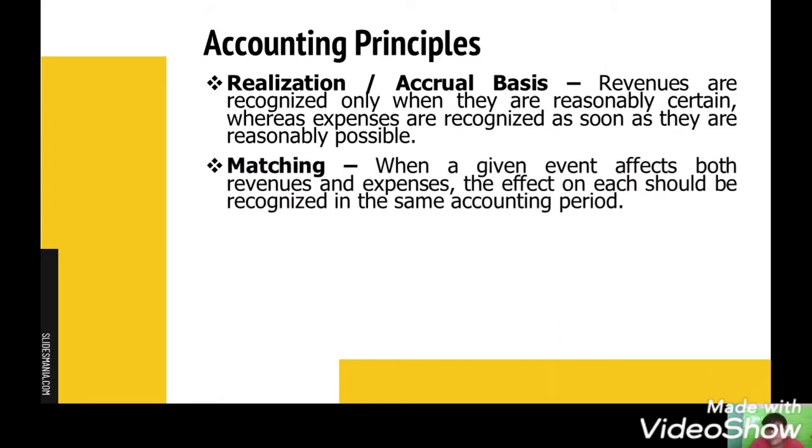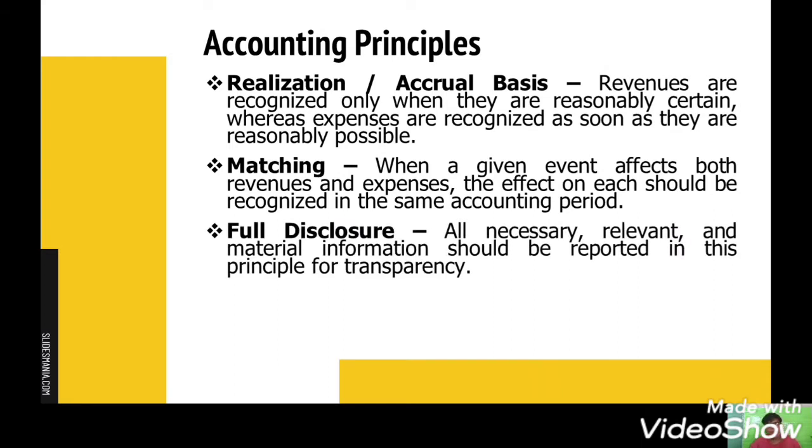Matching. When a given event affects both revenues and expenses, the effect on each should be recognized in the same accounting period. Disclosure. All necessary, relevant, and material information should be reported in this principle for transparency.